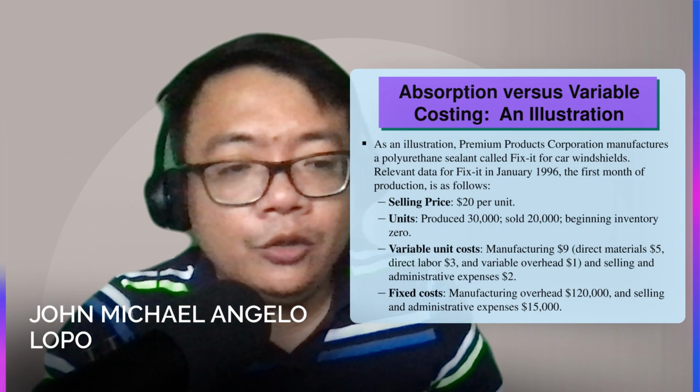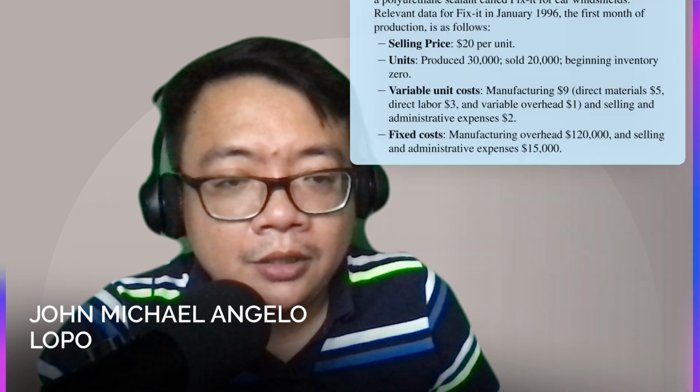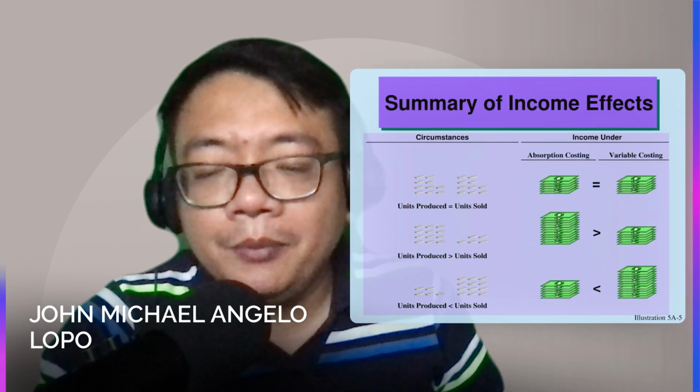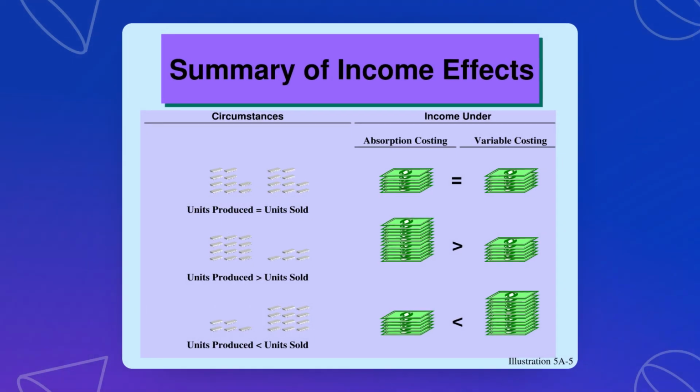Okay. We go to this one. Summary of the income effects. If the income under absorption costing is the same as the variable costing, if the unit produced is equal to your unit sold, the income for the absorption costing and the variable costing is also the same. Alright.